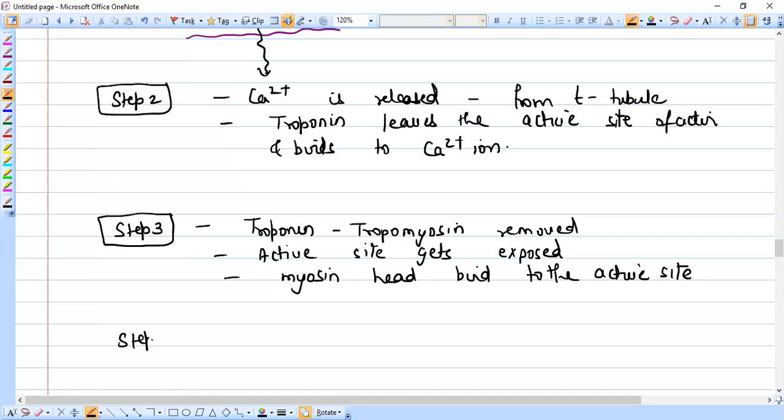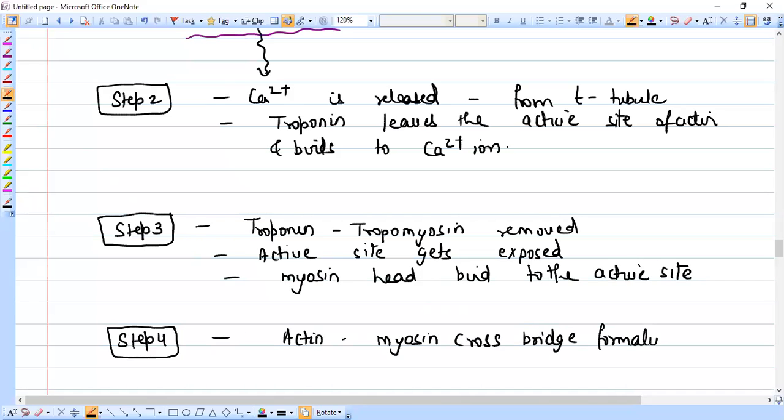What is that step 4? Actin-myosin cross-bridge formation. This is a very important part that we have to remember.